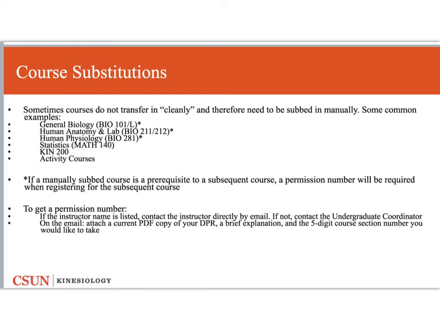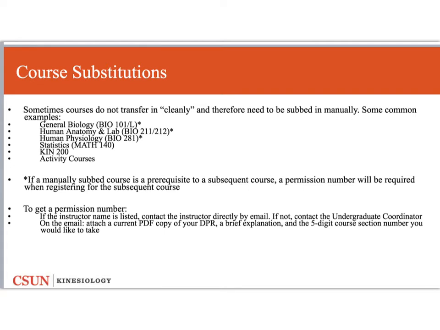Once we sub a class in manually, this is really important, if that course is a prerequisite for another course, for instance, anatomy is a prereq for Kin 300. If we sub in anatomy manually on your DPR, when you go to enroll in Kin 300, the computer system is not going to recognize that you've met that prereq because it's been subbed manually.